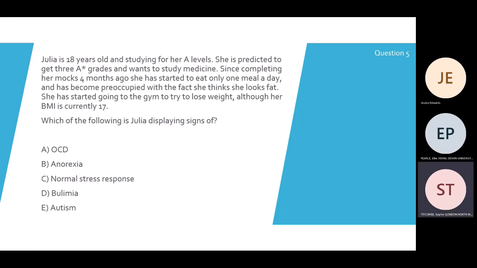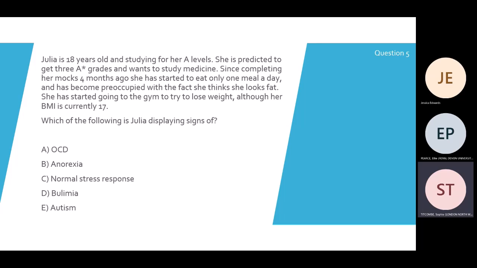So our fifth question for tonight's session, again, we'll move away from personality disorders and now start thinking about our eating disorders. Julia is 18 years old and studying for her A-levels. She's predicted to get 3 A-star grades and wants to study medicine.